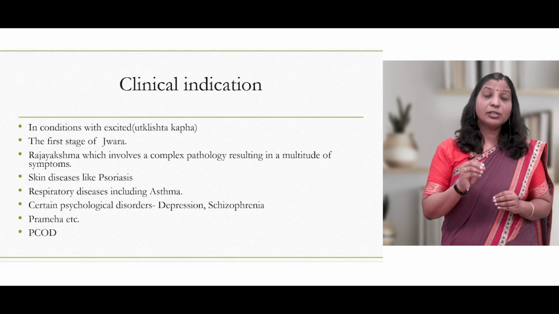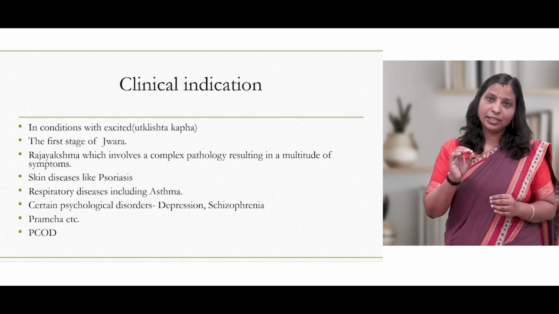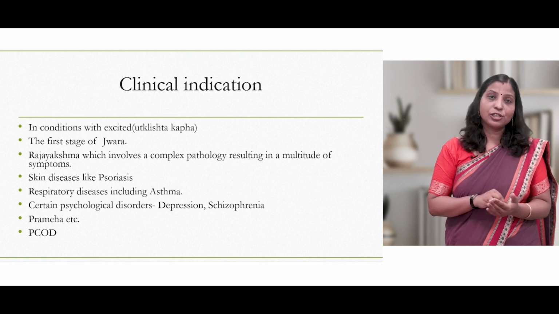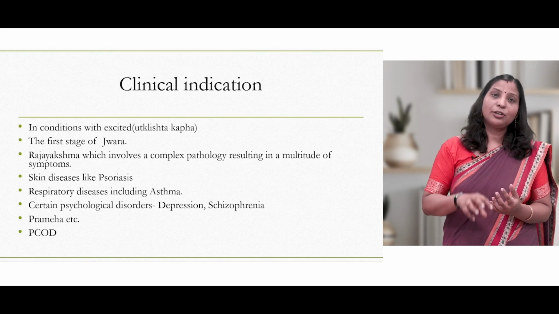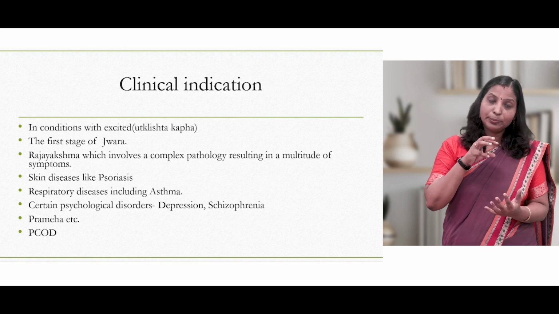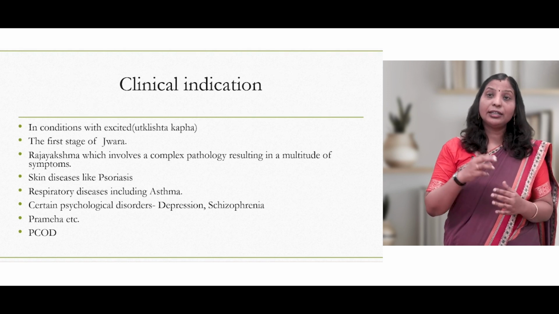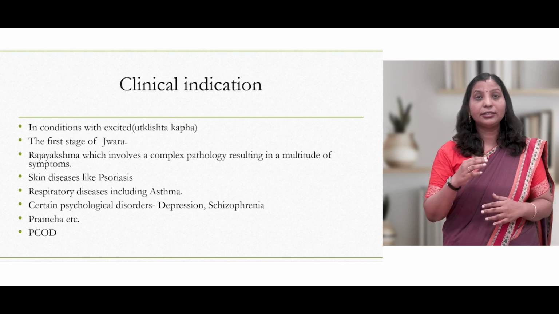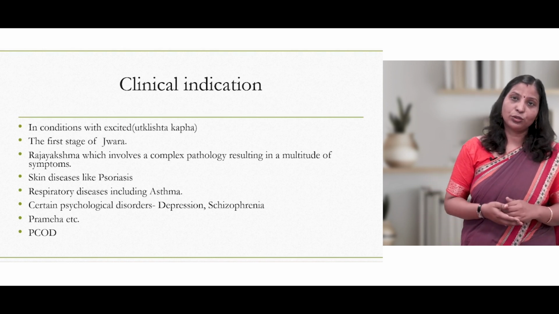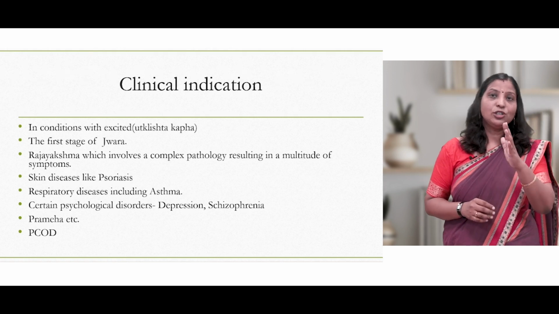The first stage of Jvara is also indicated. Why? Because in the first stage of Jvara the doshas are vitiated in the Amashaya with Kapha Pradhanta, they are in the Utklishta Avastha and are ready to come out. That is the ideal indication for Vamana in Jvara.